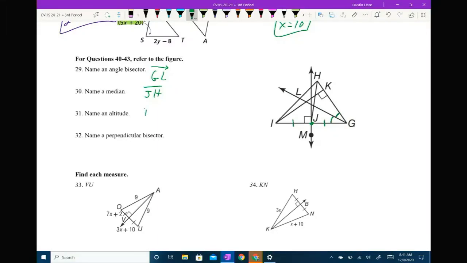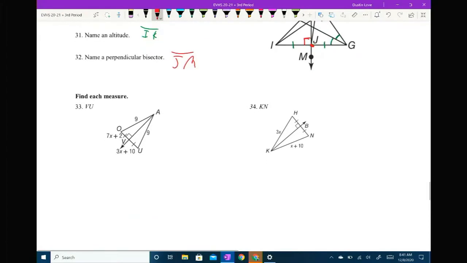So I've got IK as my altitude. Perpendicular bisector. Remember, a bisector has got to cut the side in half, and then perpendicular makes a right angle. We already established that J was my midpoint, and then this is my right angle. So the perpendicular bisector is going to be JM.